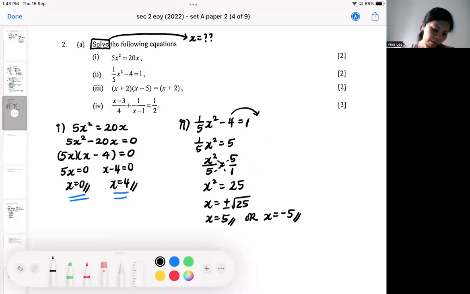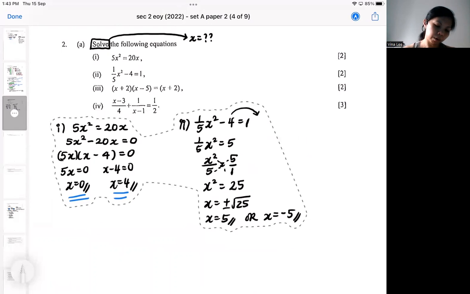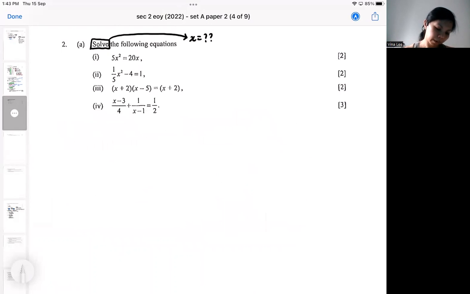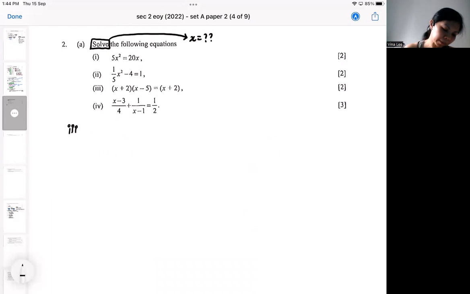So there are two ways of doing the quadratic. I'm going to show you the generic way first. The generic way is a bit longer, but it's fine. So if you look at part 3, some people will go and expand, it's fine.